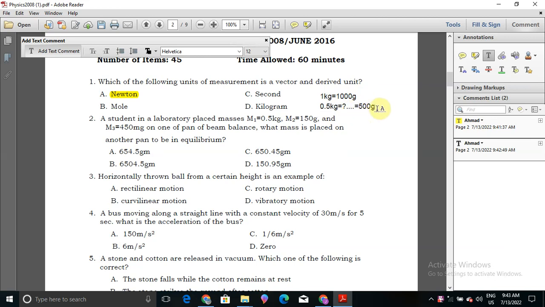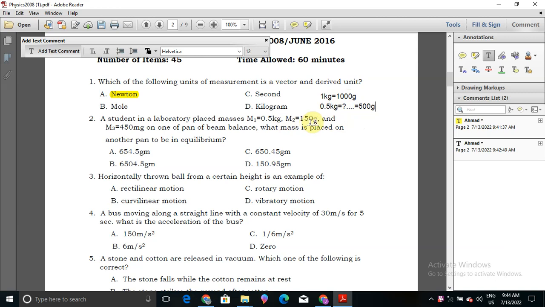So this is the answer when you convert kilogram into gram. 1 kilogram is equal to 1000 gram, but we have 0.5 kilogram and we don't know the gram. So we cancel kilogram with kilogram, then crisscross. That means 1000 gram times 0.5, it will be 500 gram. So that is the first mass.